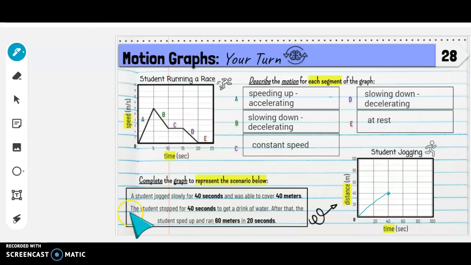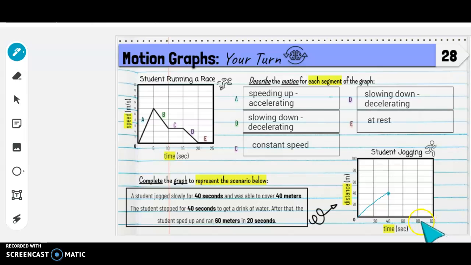The next piece of information it gives me says the student stopped for 40 seconds to get a drink of water. So if the student stopped, that means the distance wouldn't change. And the time that passes would be 40 seconds. I notice this is counting by 20. So right now I'm at 40 seconds. The next part of the graph would be 60. So that's plus 20 seconds.